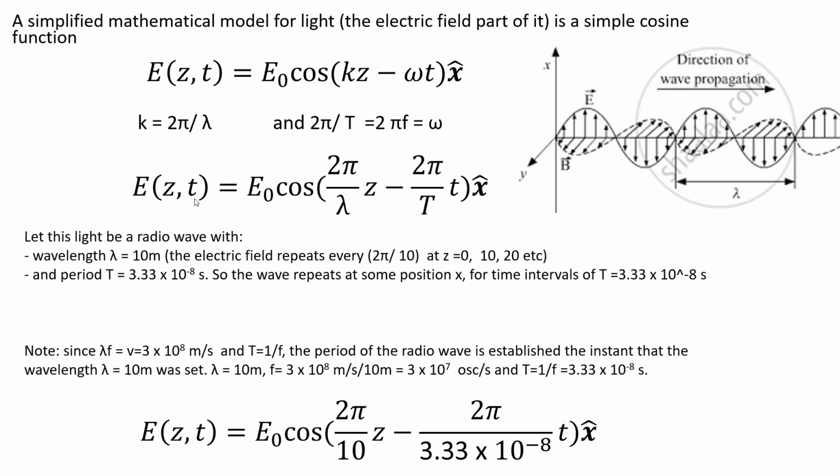As you can see, this equation repeats itself every 10 meters. So z is equal to 0, that's where it starts. That's this guy right here. t is equal to 0, z is equal to 0, that's where it starts. And then say at 10 meters, 10 divided by 10 would be 1.